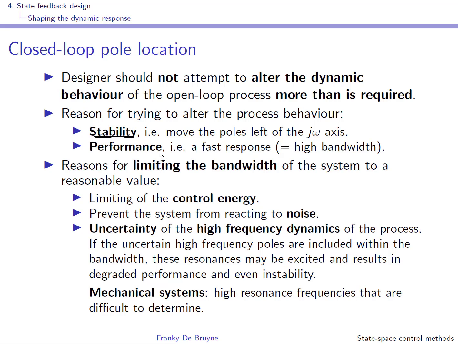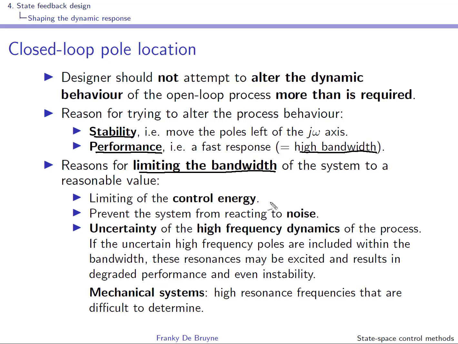And the second reason for altering the open loop behavior is performance. We want a fast response, we want fast poles, so a high bandwidth. But really there are reasons for limiting the bandwidth of the system.